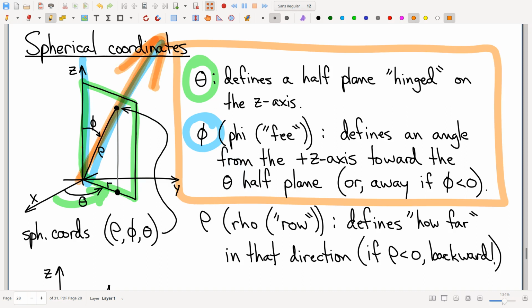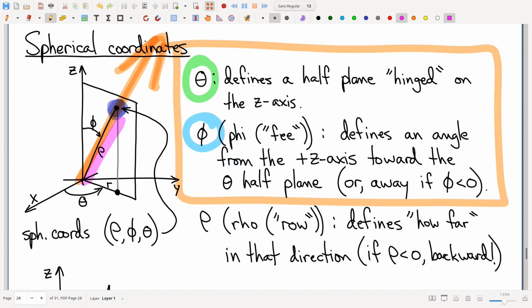Right, and once you have a direction indicated, if you want to represent a point, all you've got to do is tell me how far to go in that direction. Now, again, with the how far and the distance, it doesn't have to be positive, but as a coordinate, positive values indicate movement in that direction.